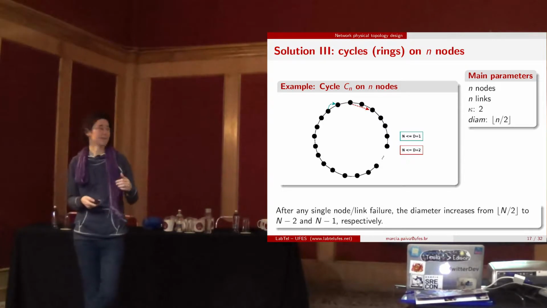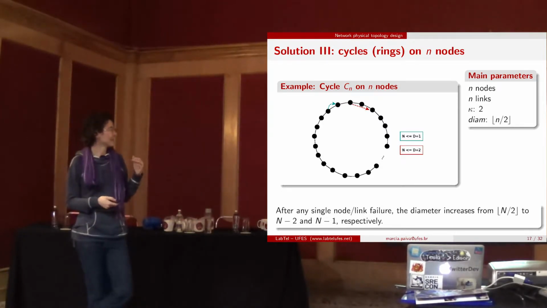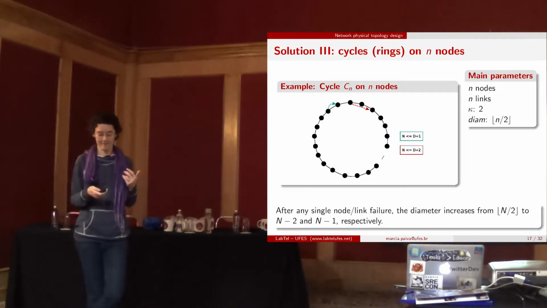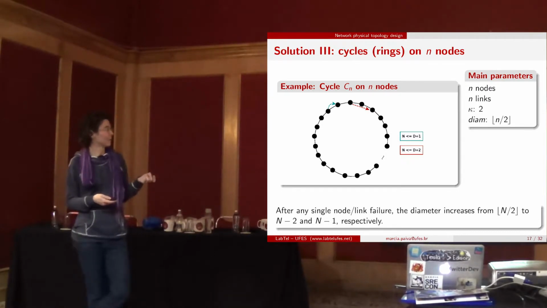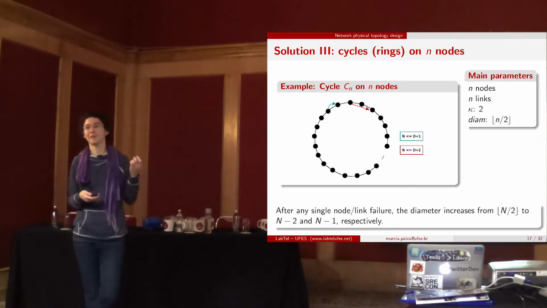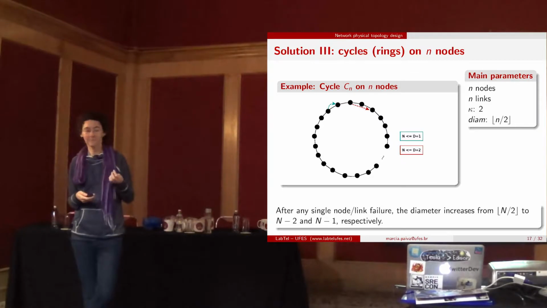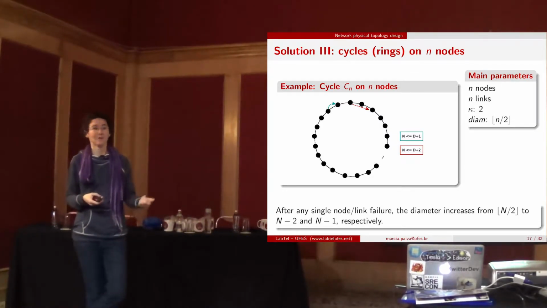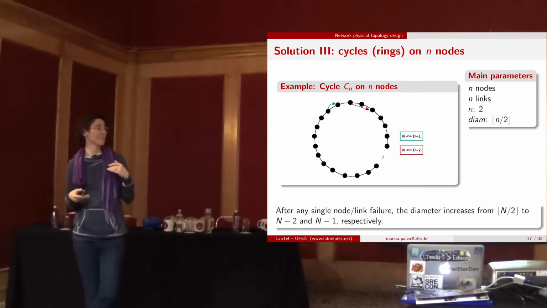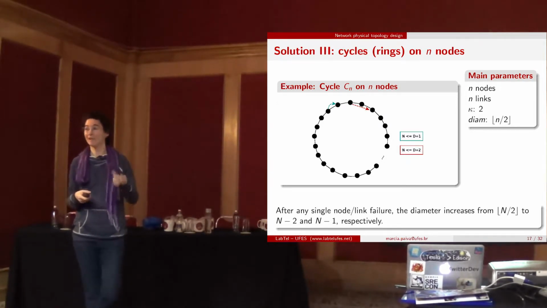So these basic parameters, the node connectivity, the diameter, the number of nodes, cannot help if you don't pay attention to what happens with these invariants after the failure.